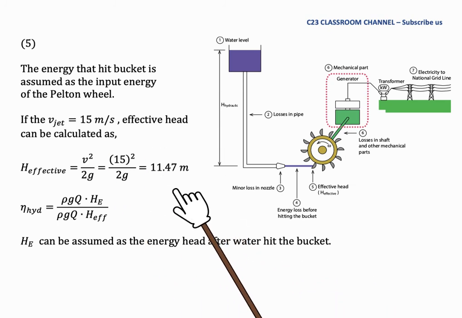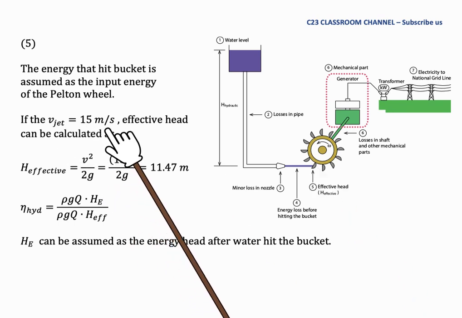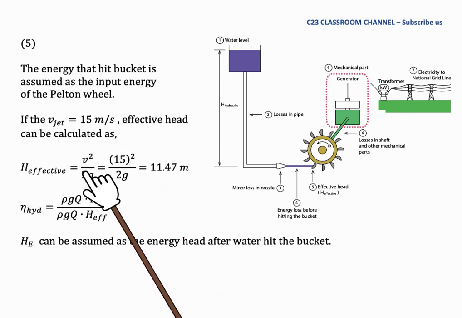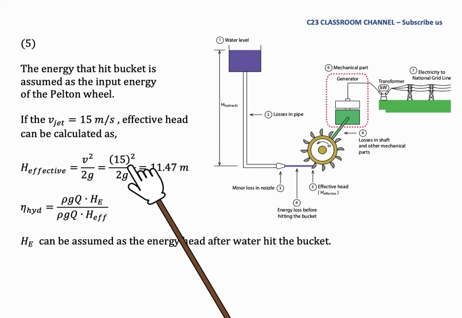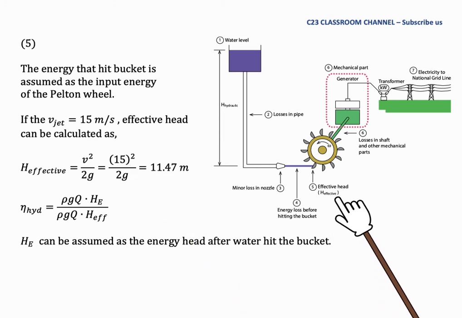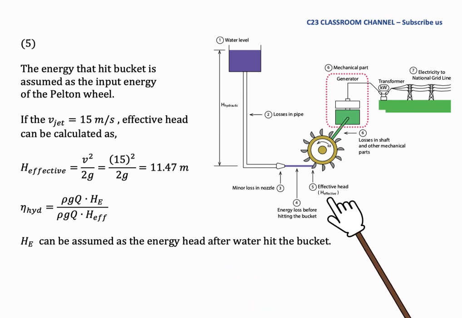The energy that hits the bucket is assumed as the input energy of the Pelton wheel. For example, if the velocity of the jet that hits the bucket is 15 meters per second, the effective head can be calculated as V squared over 2g. Substituting V with 15 meters per second, we get the effective head equal to 11.47 meters.